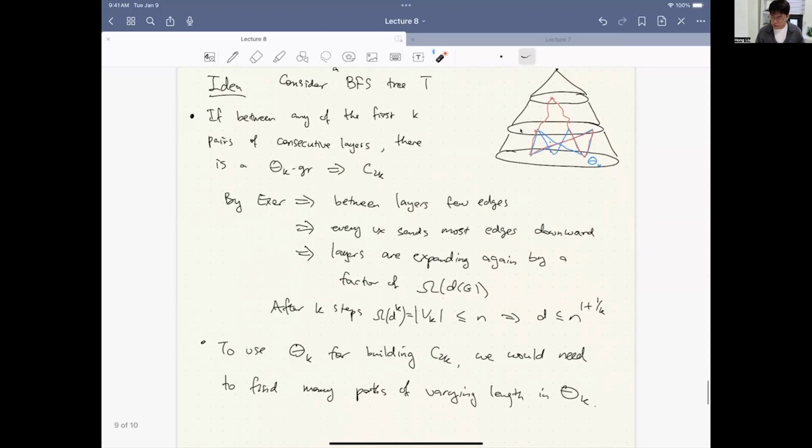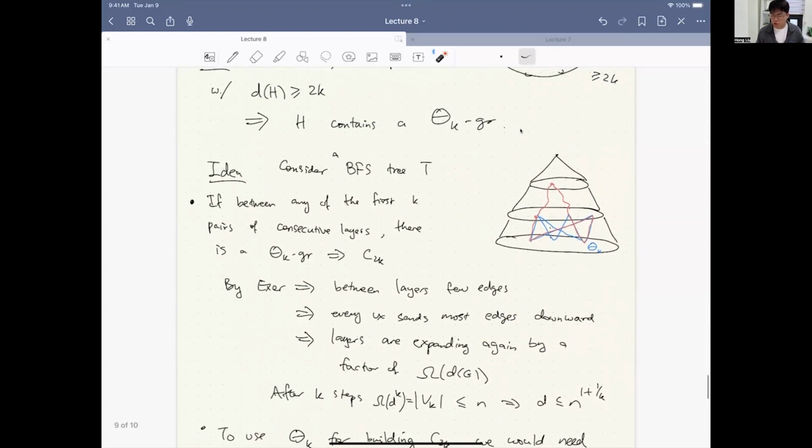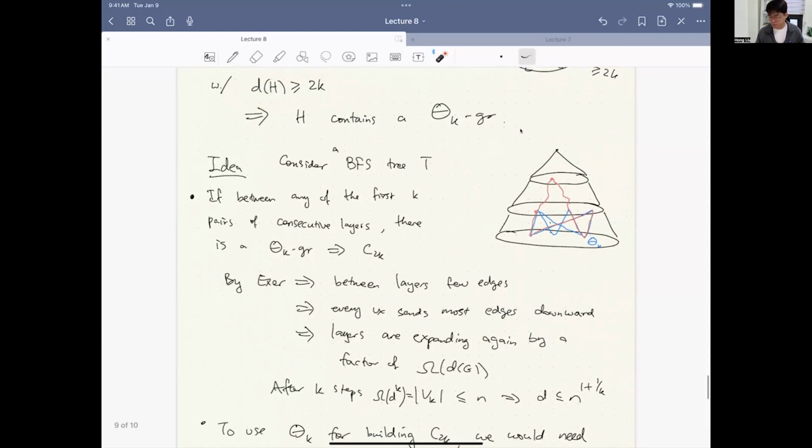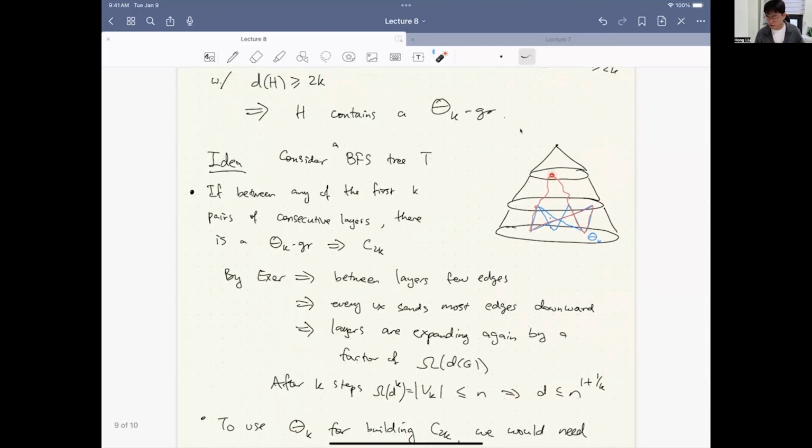If there's no theta k, that means your average degree should be less than 2k, less than the constant. We have a minimum degree condition. If it's very sparse, you see, from this layer, it sends everything downwards, apart from one edge up. But it's very sparse.